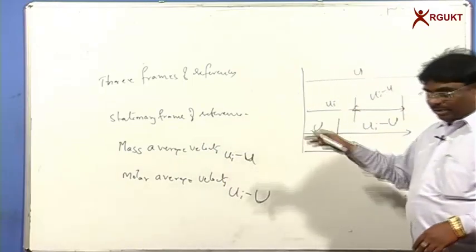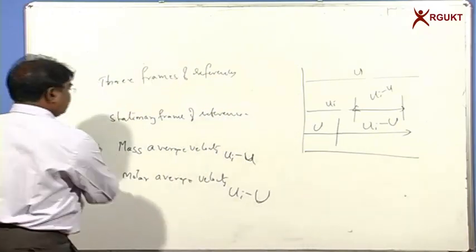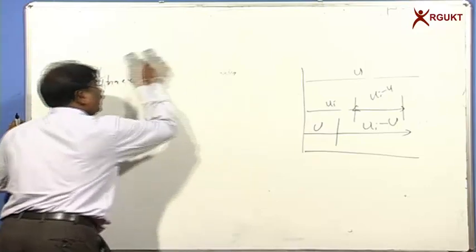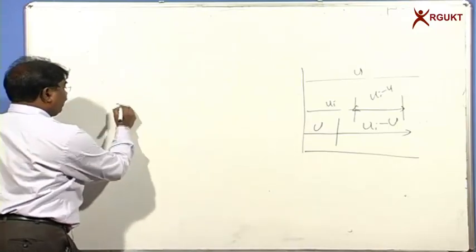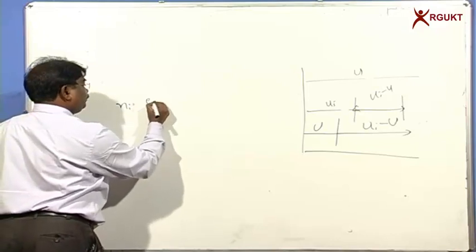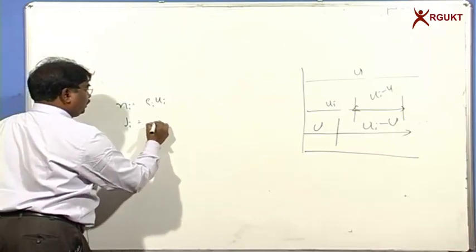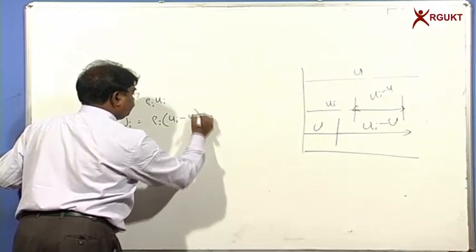So now we have three frames of reference, and based on that we have three fluxes, and as I told you, it may be a mass flux or a molar flux. In the case of mass flux, we denote with Ni, that is nothing but rho i ui. Then we have a Ji, where Ji is equal to rho i (ui minus u).